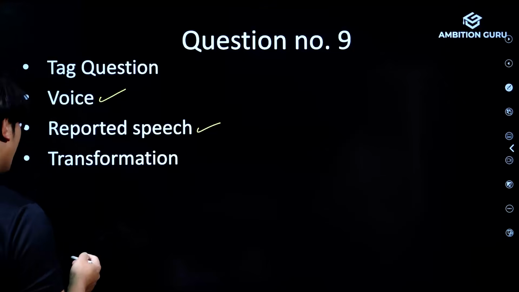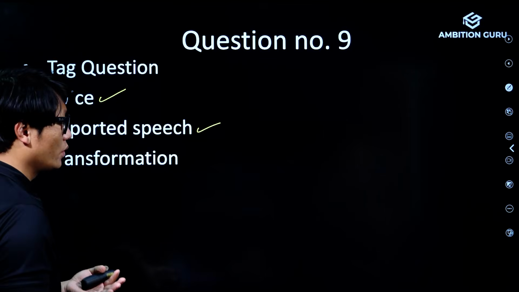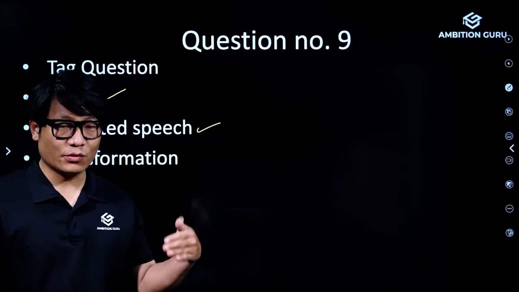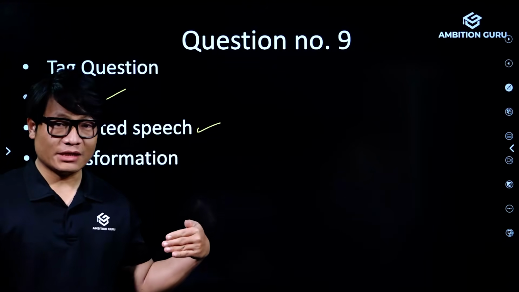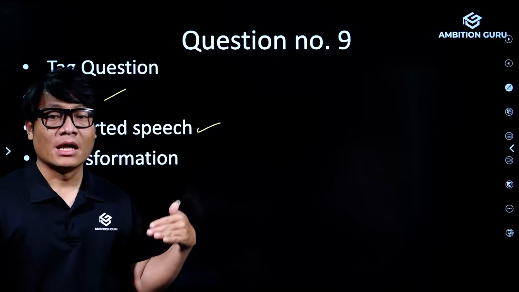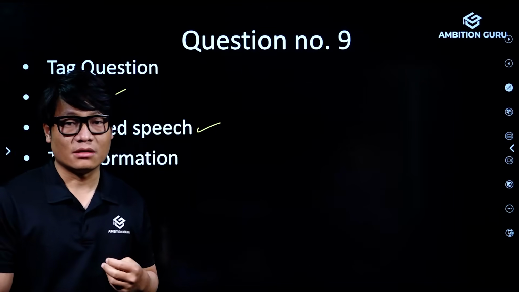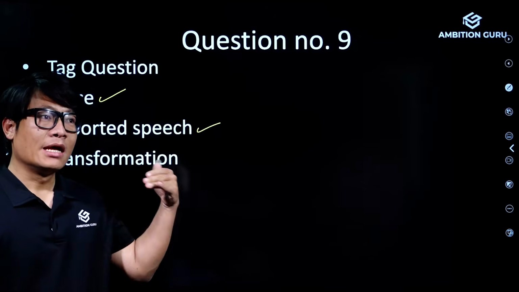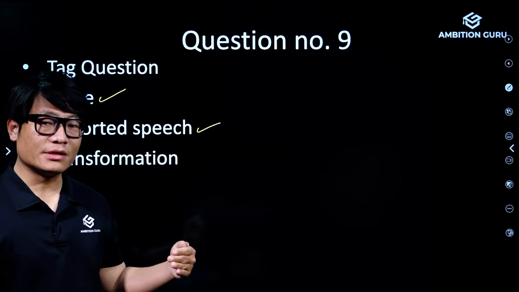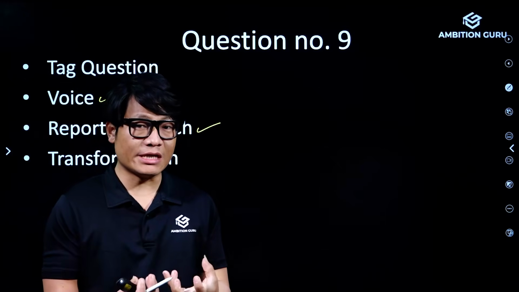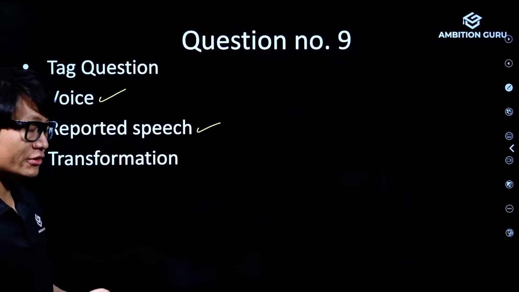Okay, next is here transformation. Obviously we know that we have to discuss the transformation, so we need to change affirmative to negative or negative to affirmative. And next is asking questions or WH question to a statement. So we need to know how to change. This is called transformations.